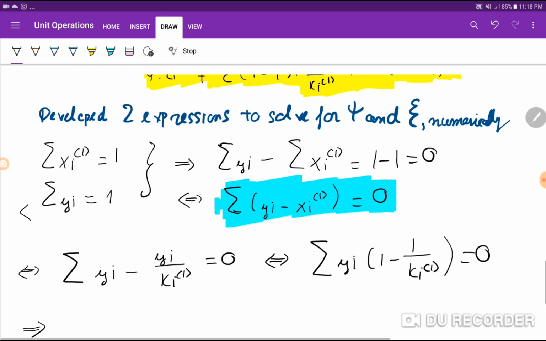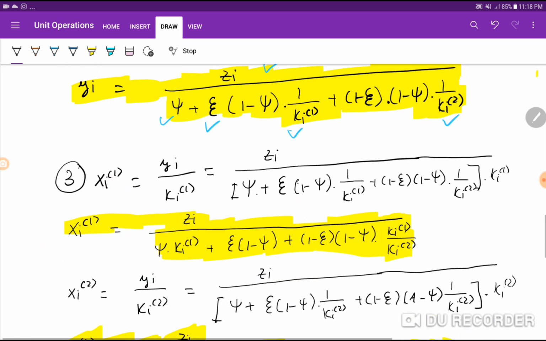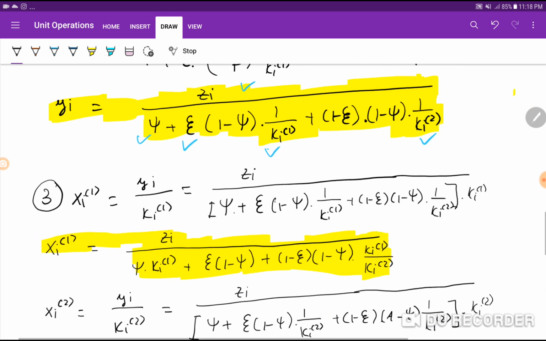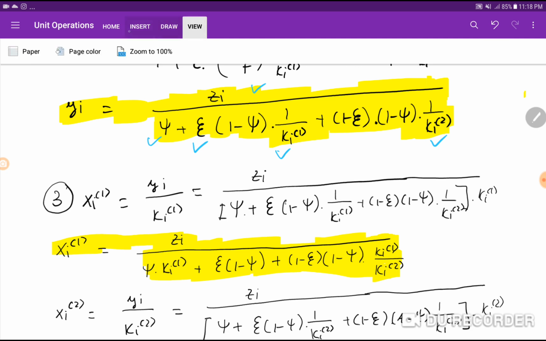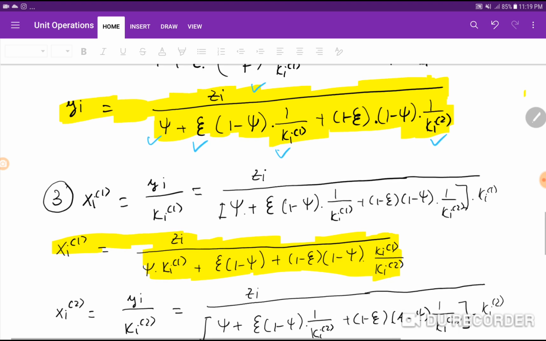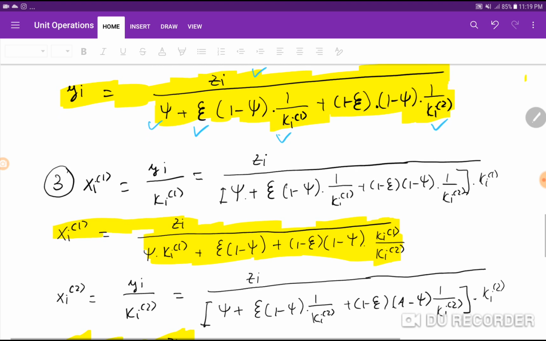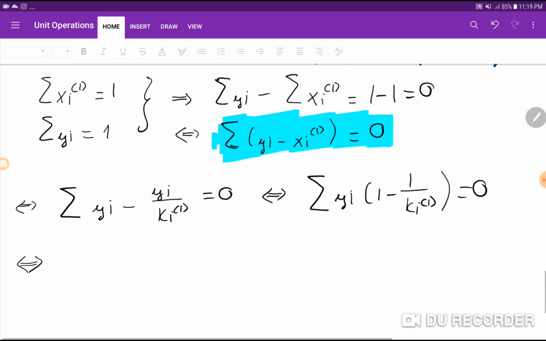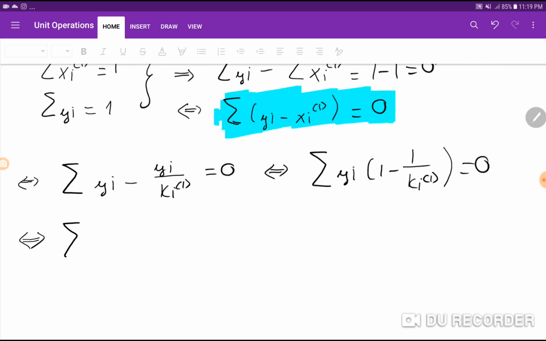So I can write this as, I'm going to plug in yi, I don't know how to copy paste it actually. Never mind, I'm just going to write it like this. So summation of, I'm going to plug the whole thing in.